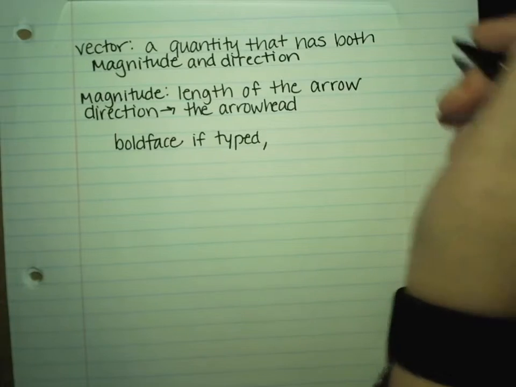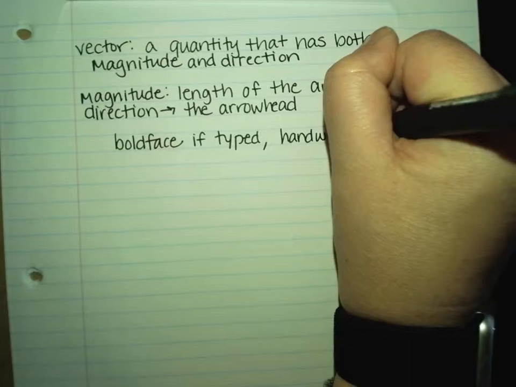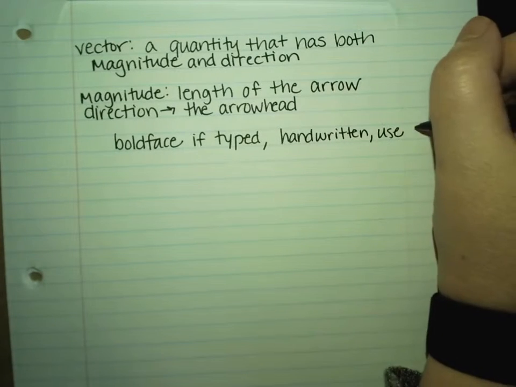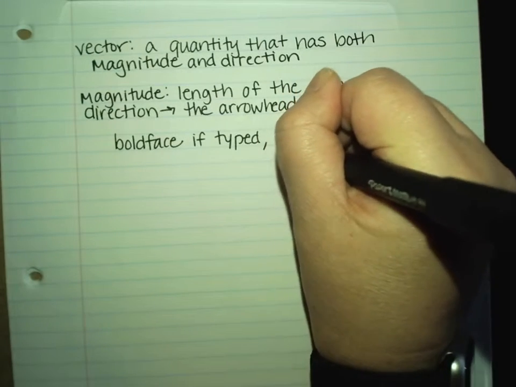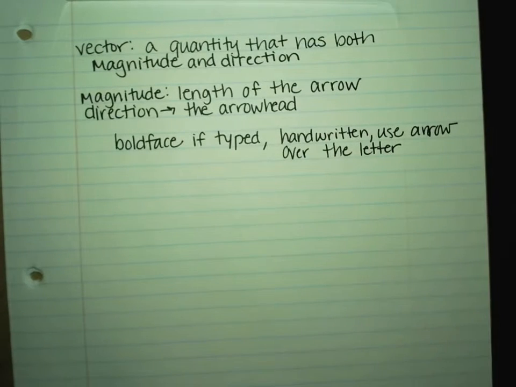And then if we're talking about just handwritten, an arrow over the letter. Okay, so as you look through your notes, you'll see a lot of boldface, a lot of letters in bold. But if we're doing just handwritten, you'll often see an arrow written over the letter, the vector that we're talking about.